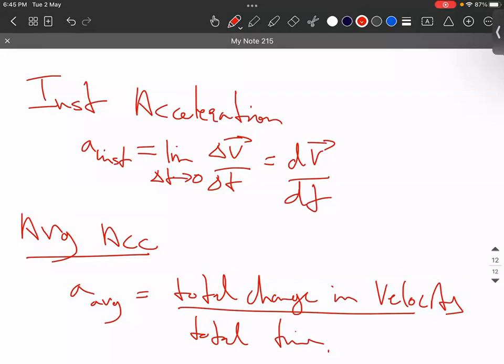Now, knowing all these things, can we do some interesting problems very quickly? Note it down.